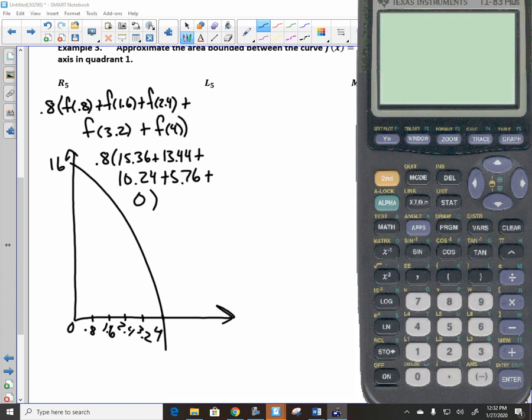And if I do that, 0.8 times 15.36 plus 13.44 plus 10.24 plus 5.76 plus 0. And you can see 35.84.